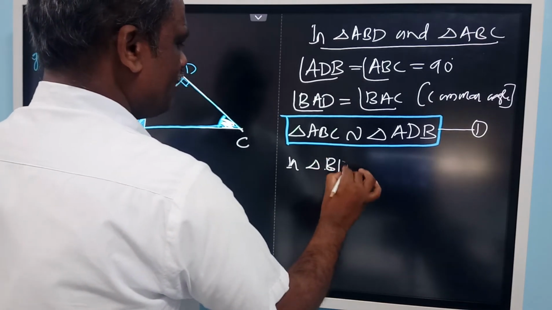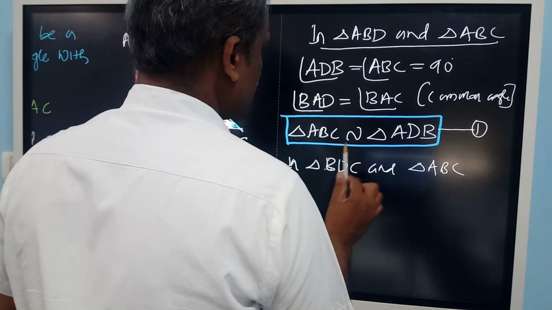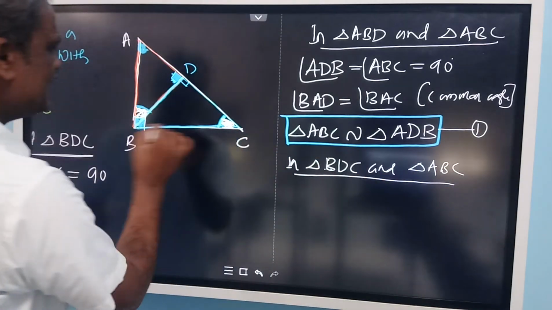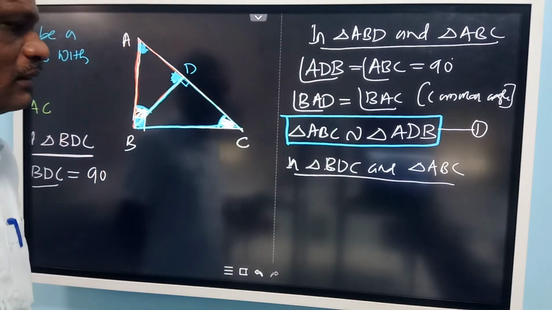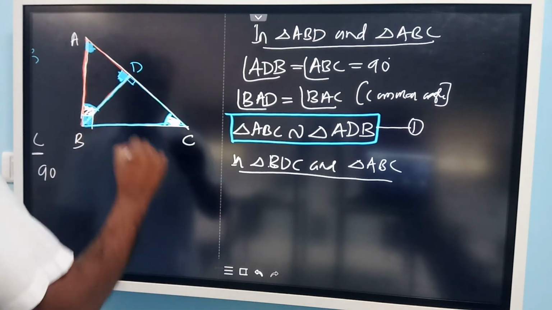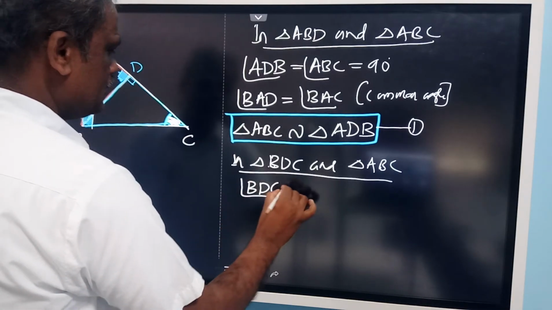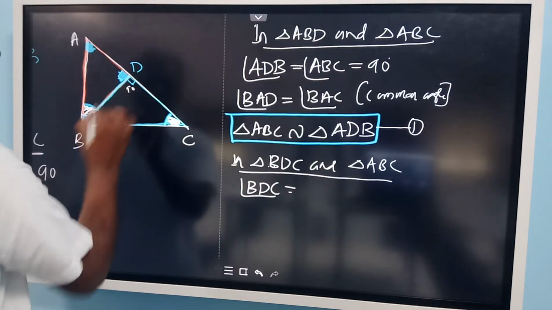Similarly, let us take triangle BDC and triangle ABC. You can take these two triangles, BDC and ABC, and identify the angles which are equal. Angle BDC is 90 degrees here.